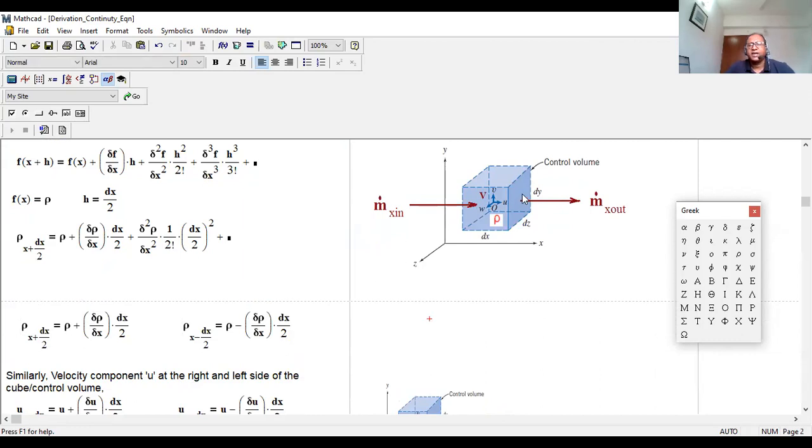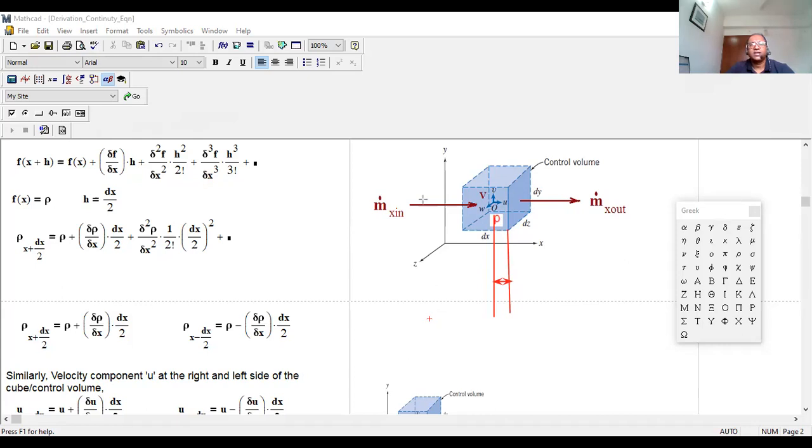So now the density of the fluid element at the right side, right over here, is at x plus dx by 2. Why dx by 2? Because the distance from the center of the fluid element to the right face is this much. Actually, this distance is dx by 2, positive, right?